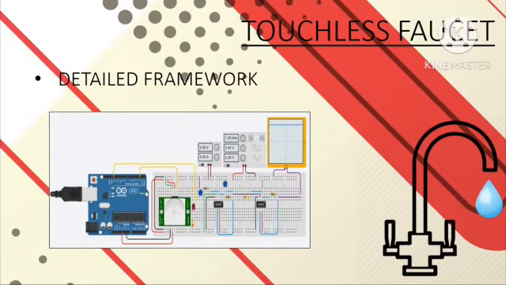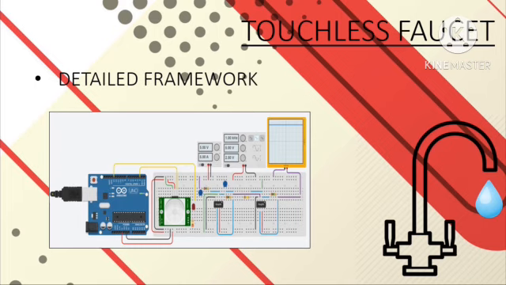For this slide, I will explain the detailed framework for the circuit of signal conditioning. First, we have the infrared sensor, which we can see on the left side. The green part is a PIR sensor, and the blue part is the Arduino.